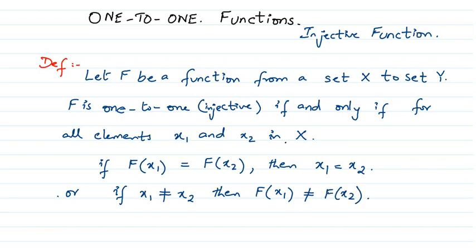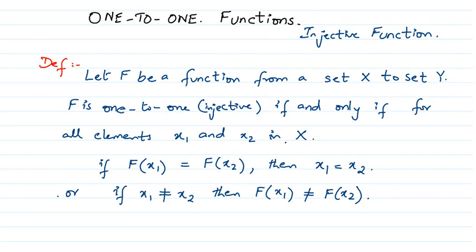So this is the mathematical representation of the one-to-one or injective function, that is every element is going to have a distinct mapping in the arrow diagram of a function.